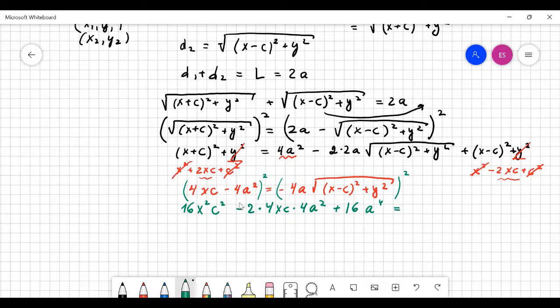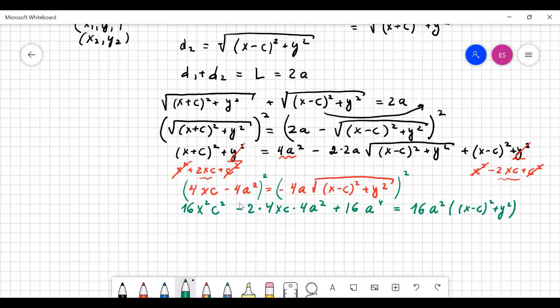Over here, I'm going to have 16, minus squared is going to give me a plus, then a squared, because there is going to be square of a, right? And the square of a square root is just going to be the expression under the square root. So it's x minus c squared plus y squared. Well, we're almost done. We just need to do some cancellations, and that's going to give us an equation.